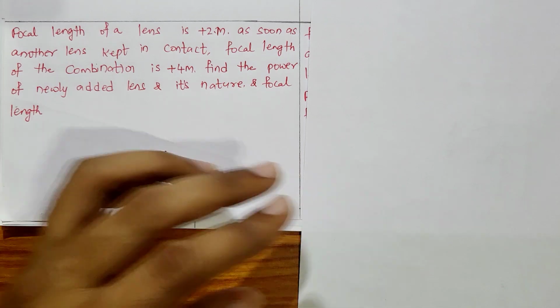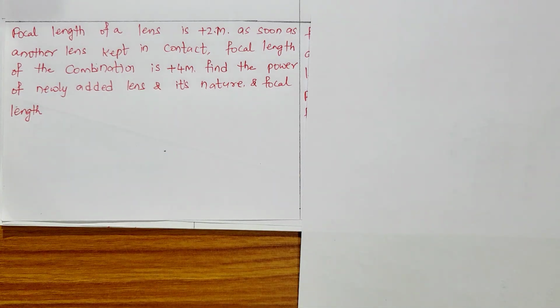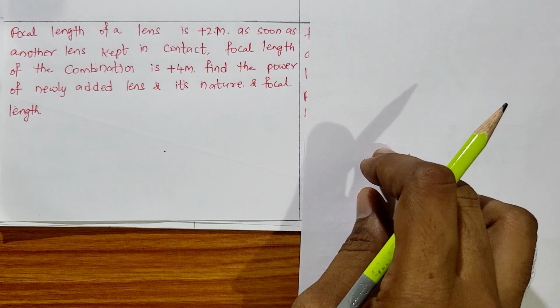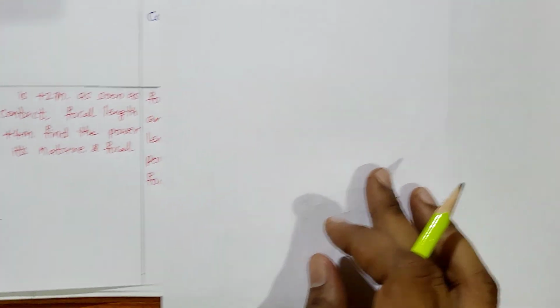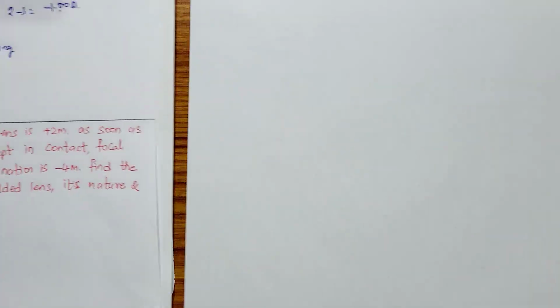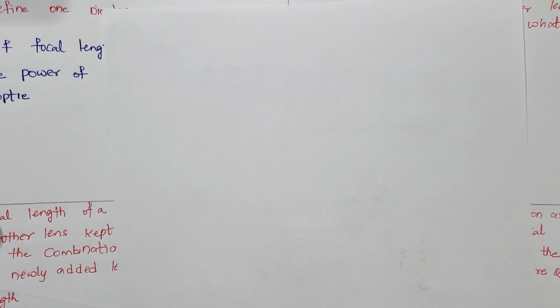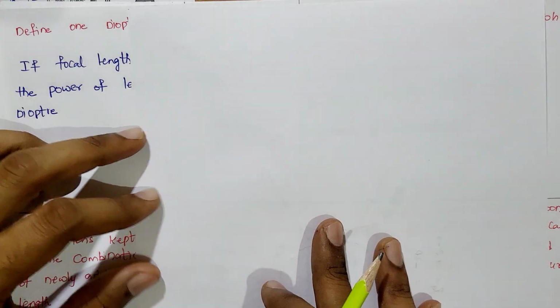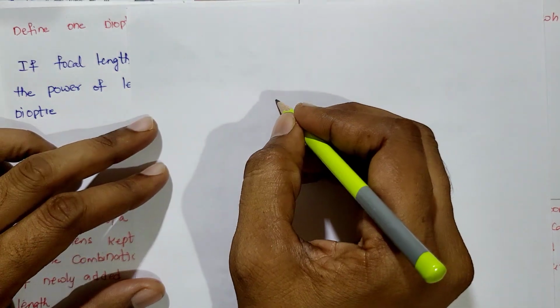Right. Focal length of the lens is 2 meters. There is a lens.